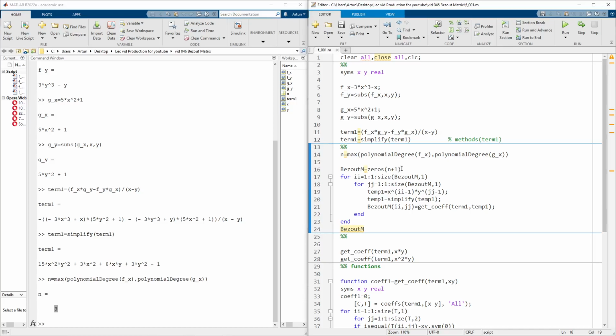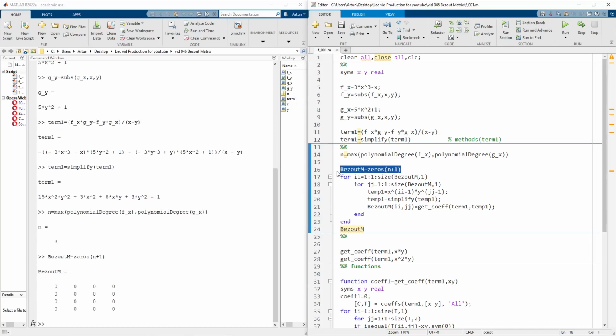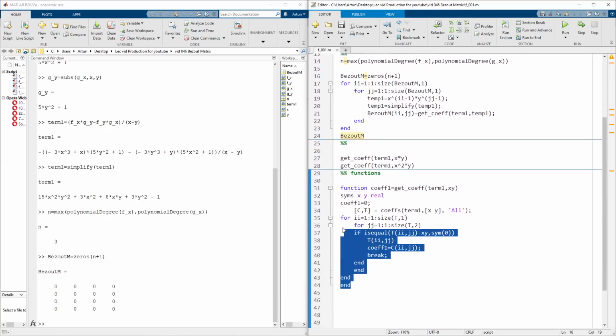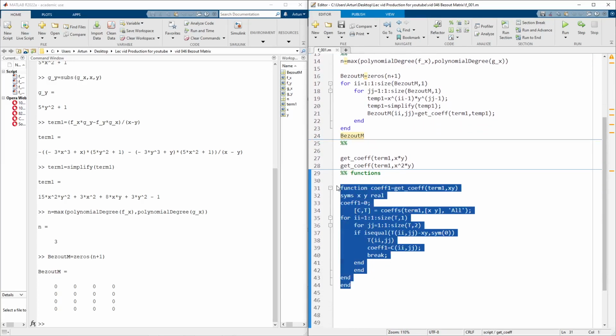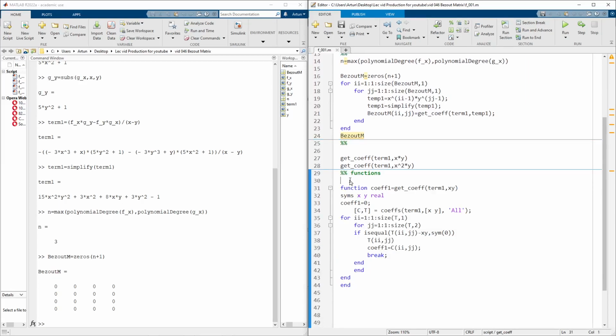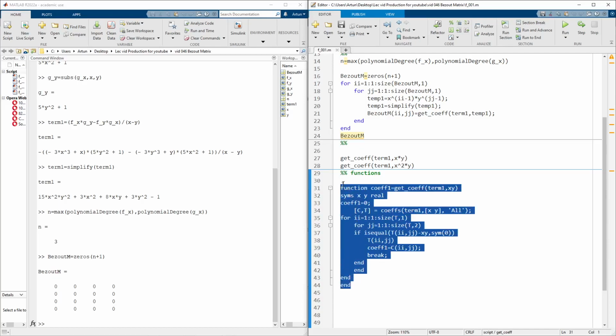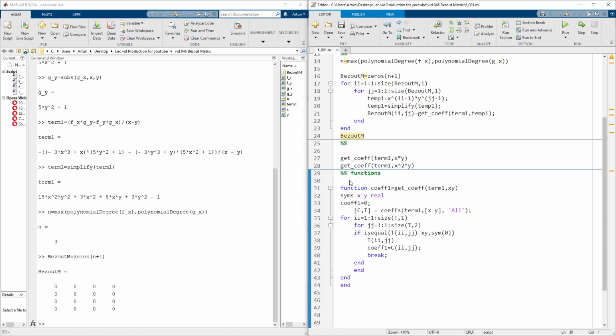Let's use that. Before running this nested for loop, we should talk about this function, the coefficient function. It might look messy at first, but it is not actually.